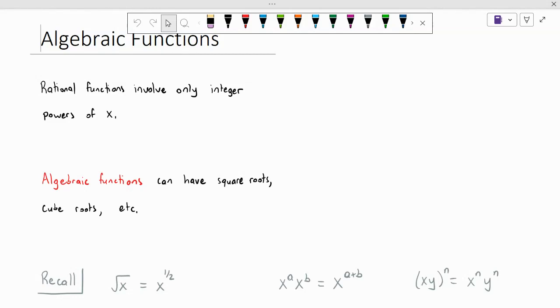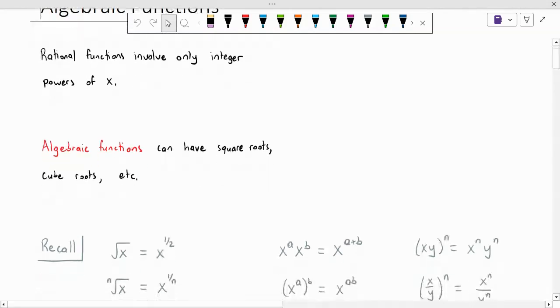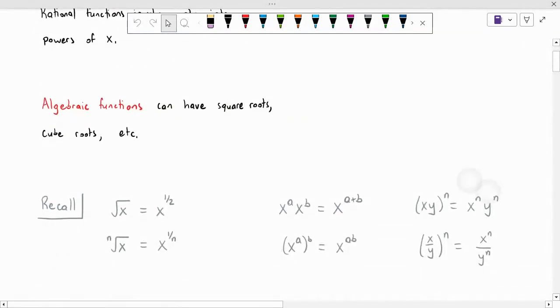And so I want to first recall some properties of exponents. First, remember that the square root of x is equivalent to x to a power of 1/2. So in a sense, you can say that algebraic functions allow for powers of x that are not whole numbers.